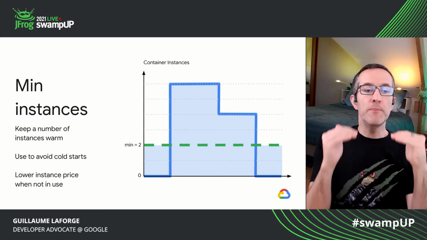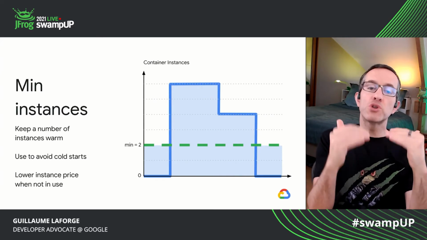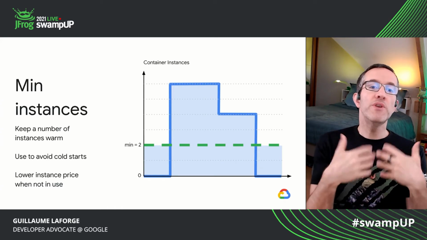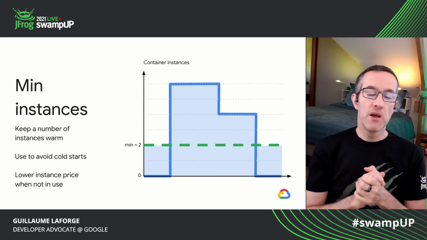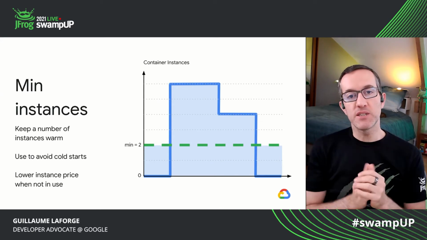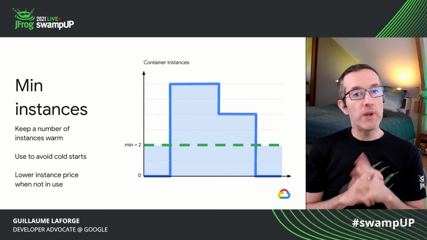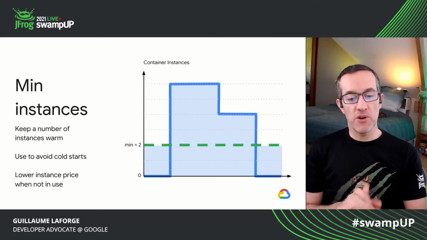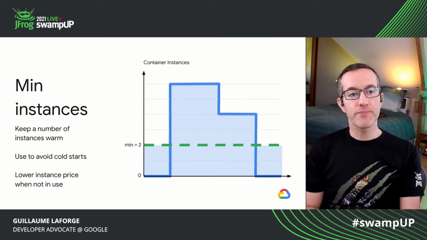But with a minimum number of instances, you're sure that there's always going to be an instance that is ready to serve new incoming requests, even when there's no traffic that keeps instances running. So it's really useful to avoid most, if not all, cold starts for your applications.